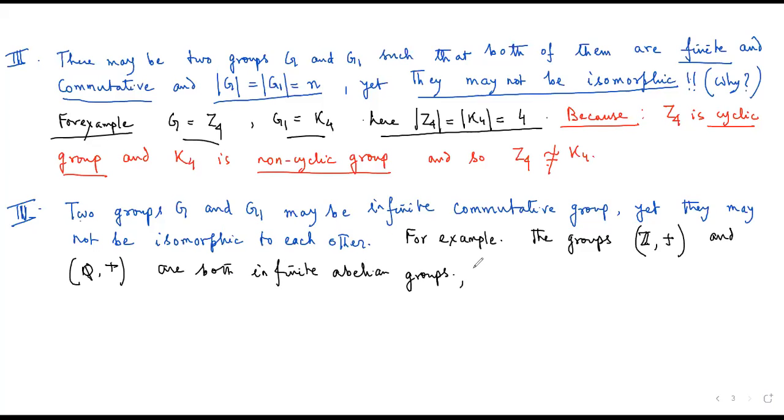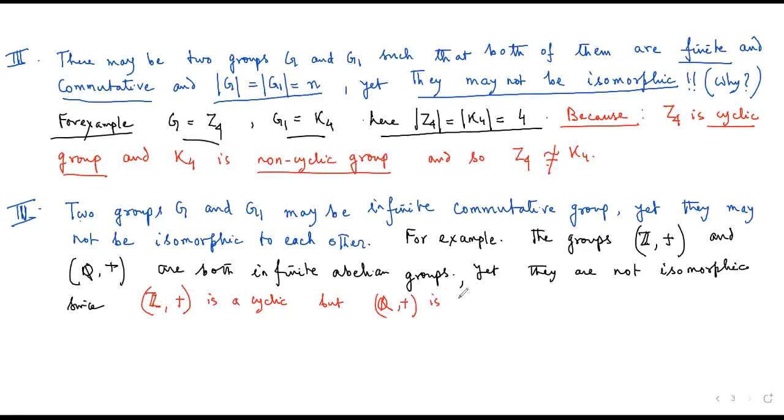Yet they are not isomorphic. They are not isomorphic since, why? Because Z plus, this group, is a cyclic group, but Q plus is a non-cyclic group.